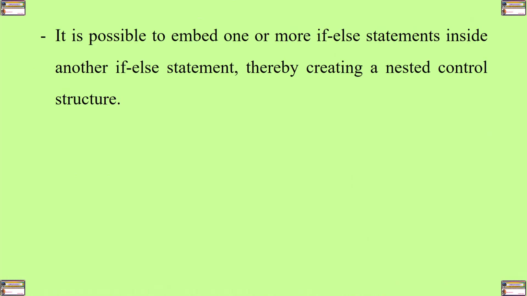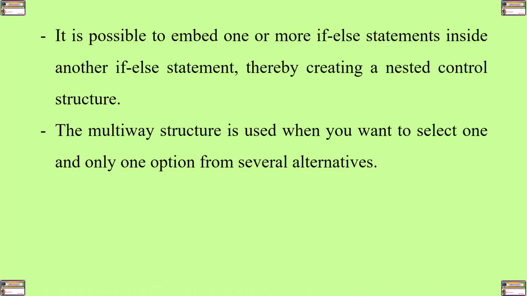But generally, when we speak about nested if-else statements, we are simply saying that you can embed other if-else statements within an if-else statement, thereby creating what we call a nested control structure.